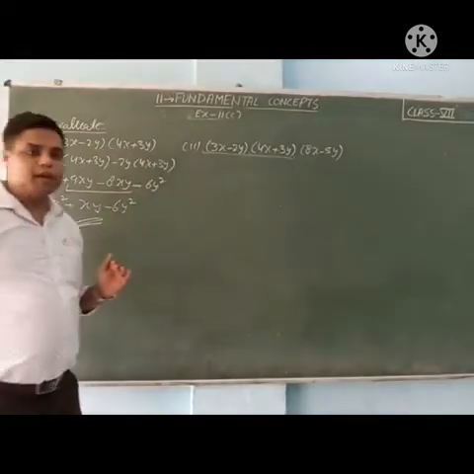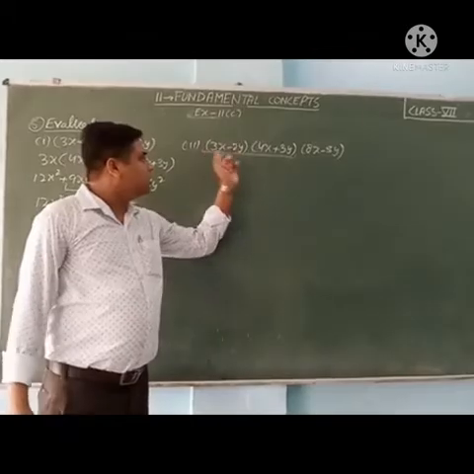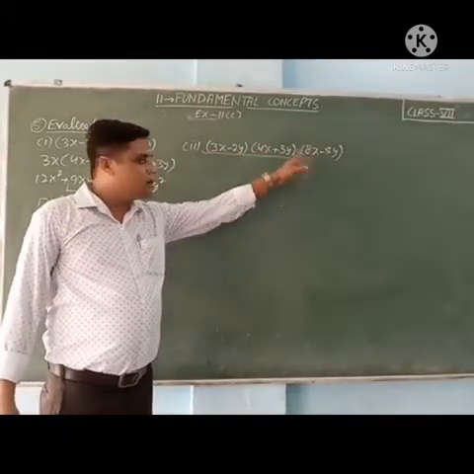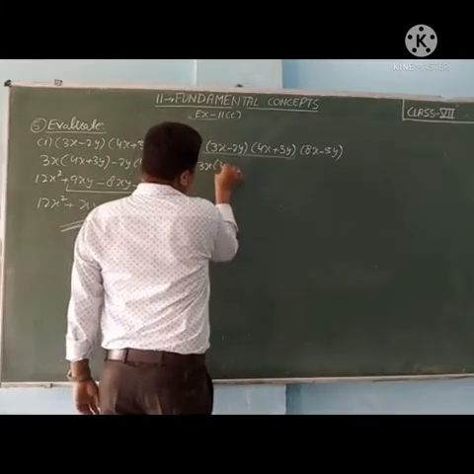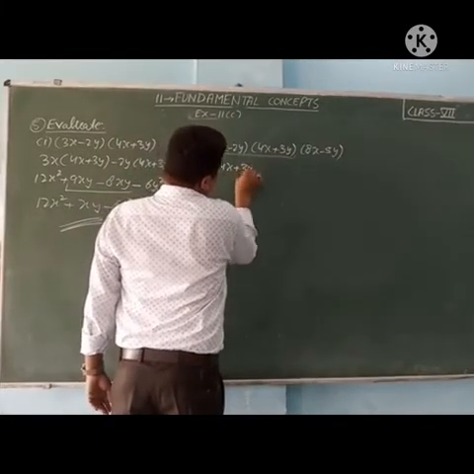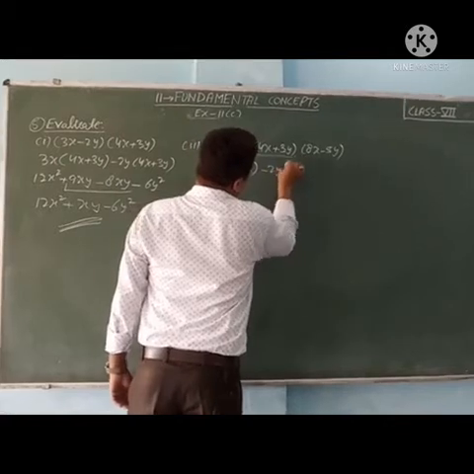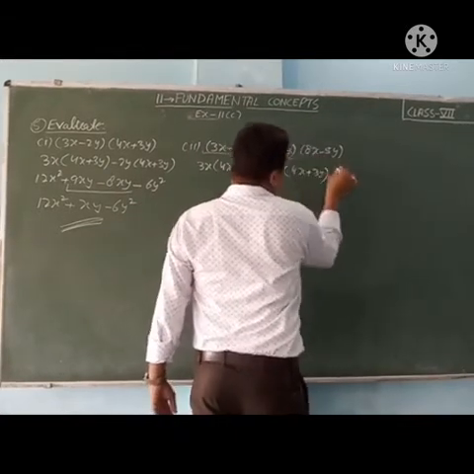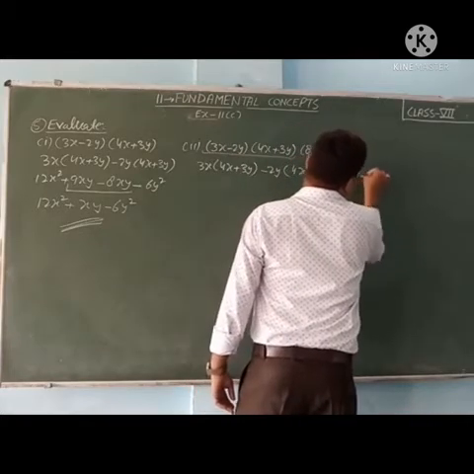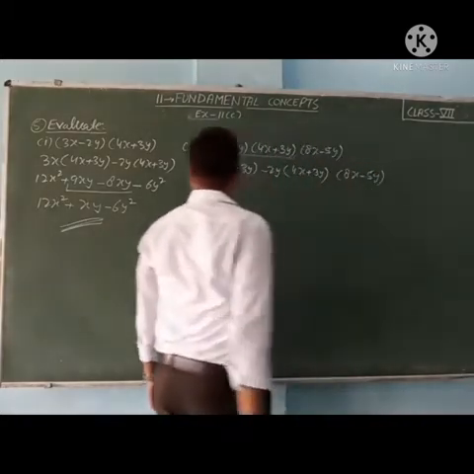Three expressions are given, so first we will do the multiply between these two. That multiply we will do later. So 3x, then 4x plus 3y, minus 2y, 4x plus 3y. Then this 8x minus 5y.